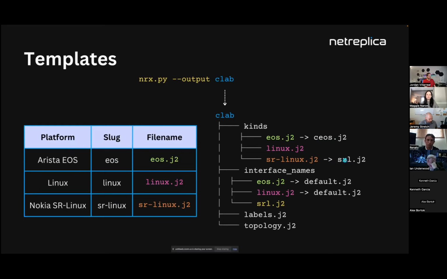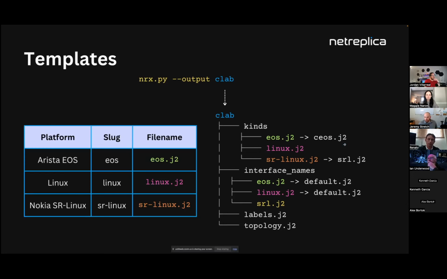In reality, your platform would be something more like real hardware, right? So the good workflow would be to just create symlinks for the platform slug that you have and point that to the right template that would match the operating system that you have on the network devices.